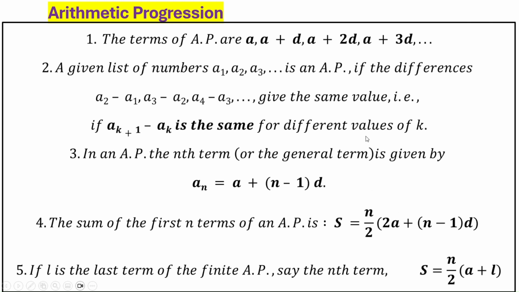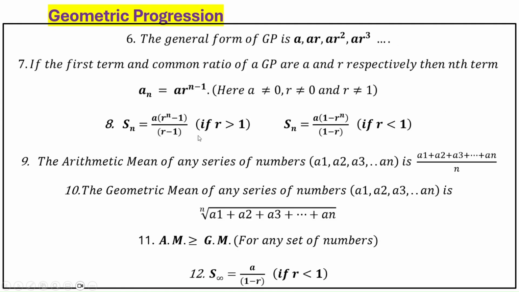These are the equations for arithmetic progression, which are very simple, but you will find many different types of problems. Now about geometric progression, the summary is the general form of geometric progression is a, ar, ar squared, ar cubed, and so on. The first term and common ratio of the GP are a and r respectively.